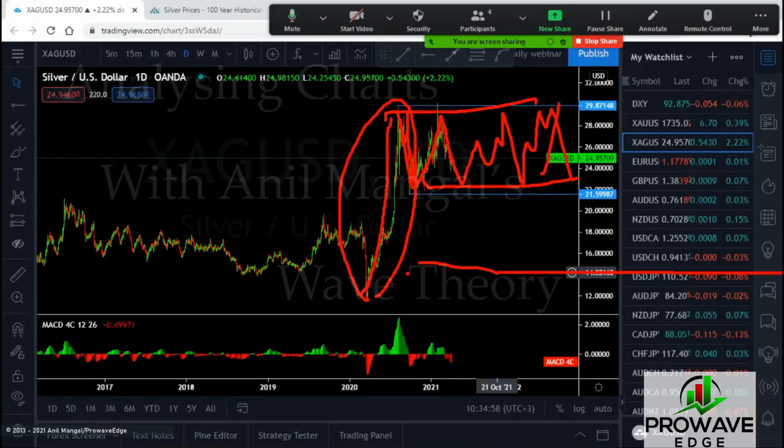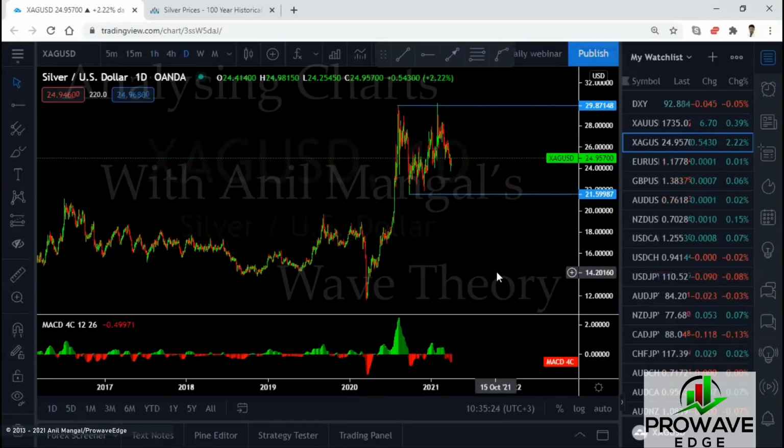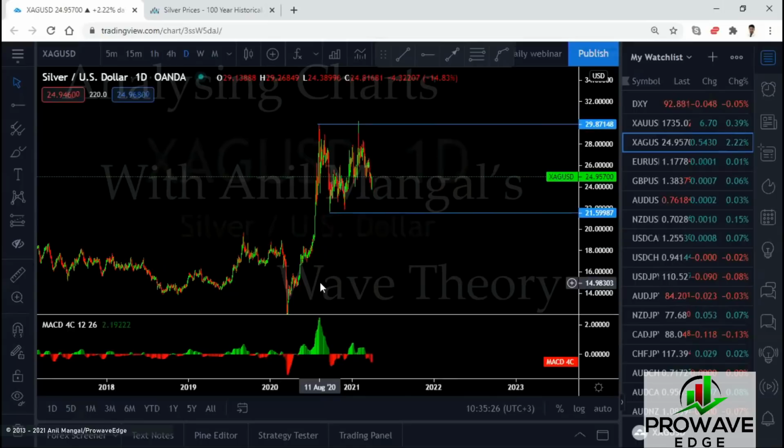You can have 1, 2, 3, and you can have progression. And you can have very large progression in that sense. So the idea that progression will only be created if the number of waves up is bigger than the number sideways is wrong. And I think that's the biggest mistake. Because I have not seen 5-3-5 in the market. I can prove that to you, but that's a separate video again.